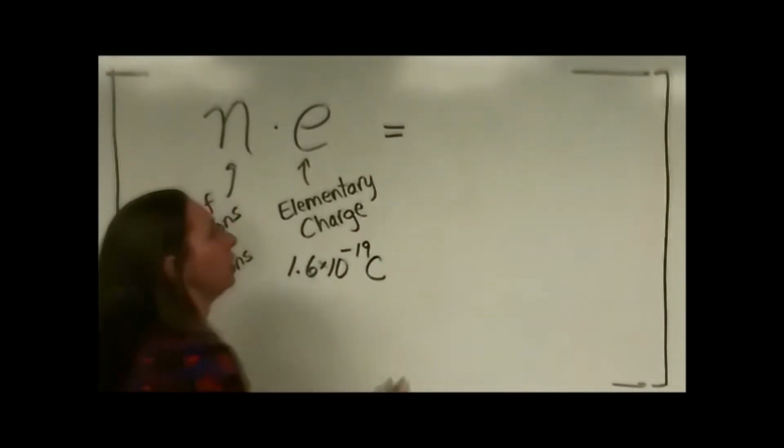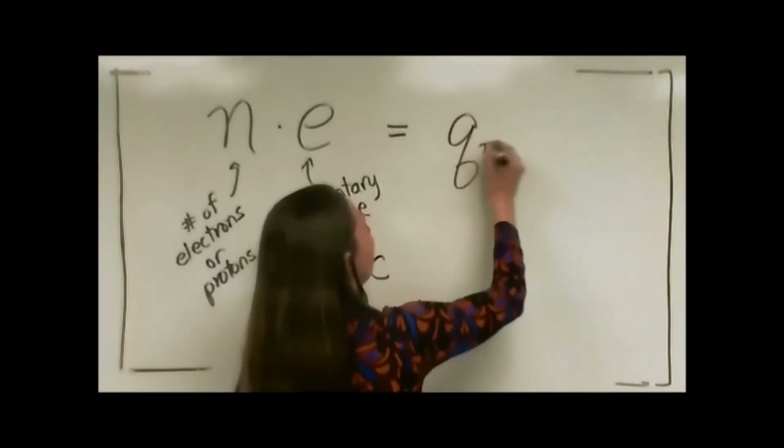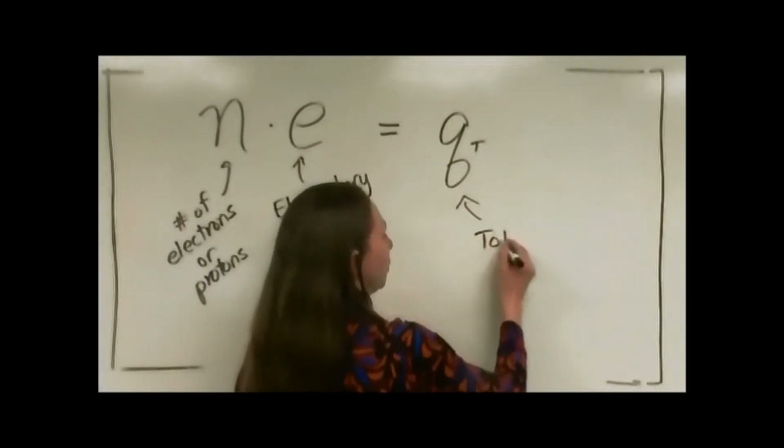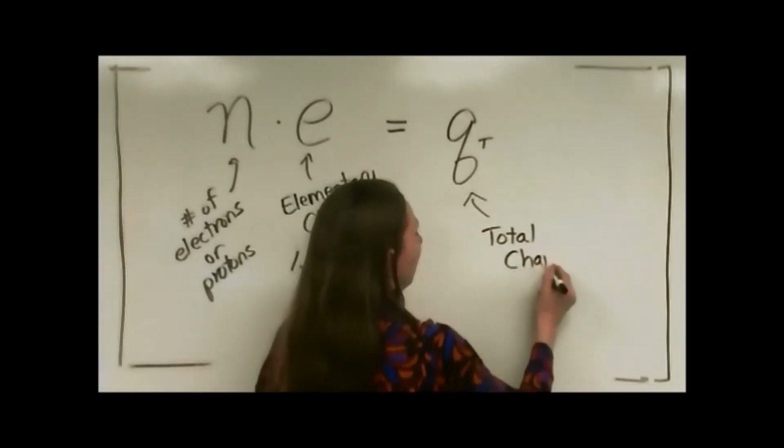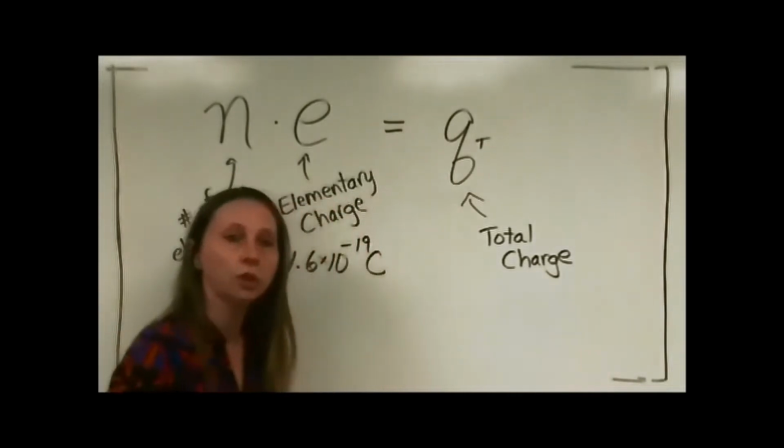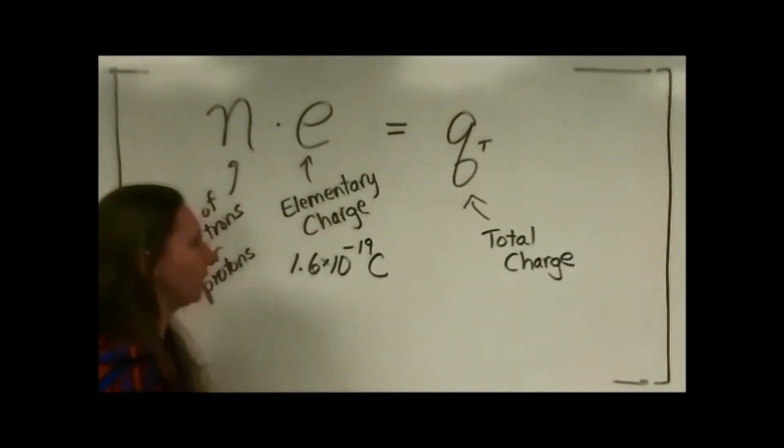Multiply those together, you're going to get the total charge that you're talking about, or the total excess charge that an object has.